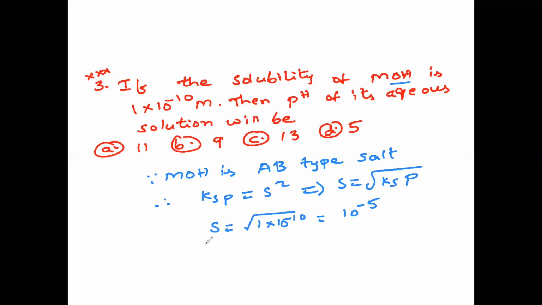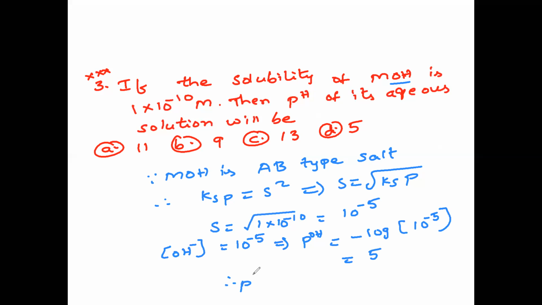So the concentration of OH minus is 10 to the power of minus 5, implies pOH is equal to negative logarithm of 10 to the power of minus 5, so it is equal to 5. Therefore pH is equal to 14 minus pOH, 14 minus 5, which is equal to 9. So the answer is second option.